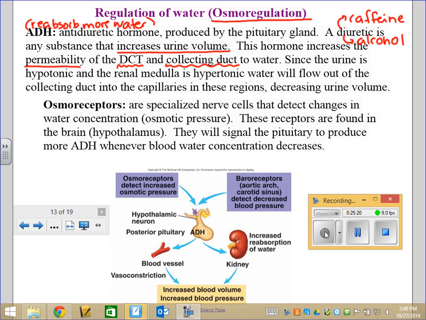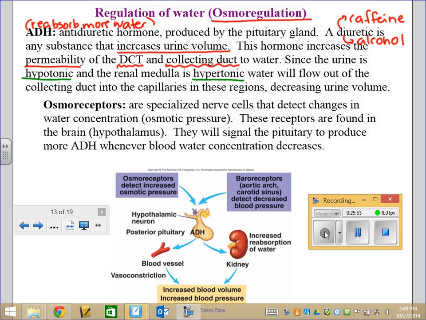So the idea is that more water could go from the filtrate back to the blood. If your nephron is more permeable to water, and we know that your urine is hypotonic compared to the hypertonic renal medulla, water will flow out of the collecting duct into the capillaries, decreasing urine volume.